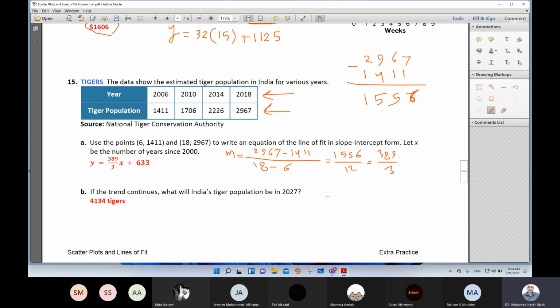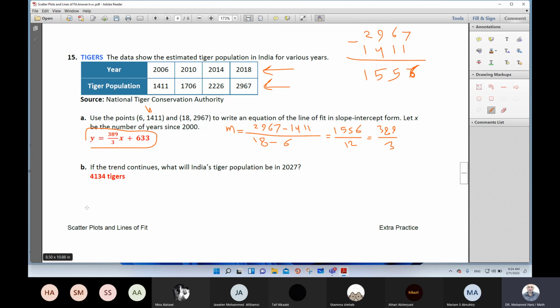Then we can use the first point or the second point. For example, I will choose the first point. Then we can substitute in the equation. Then we can convert the equation to the standard form. You will get this equation. The second exercise here, if the trend continues, what will the Indian tiger population be in 2027? 2027 means the number of years will be 27.